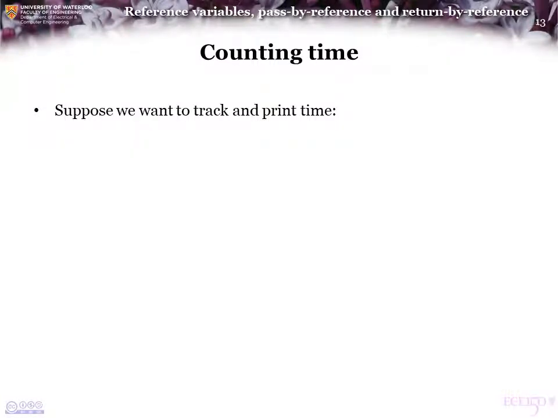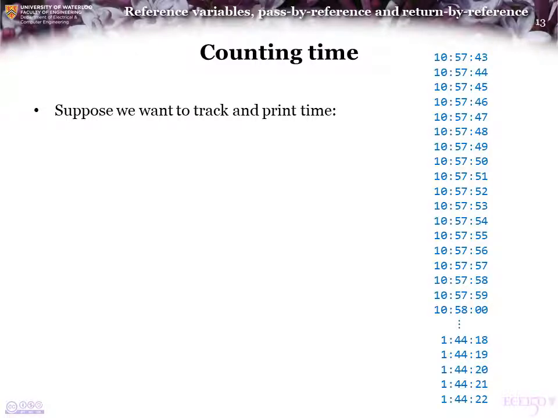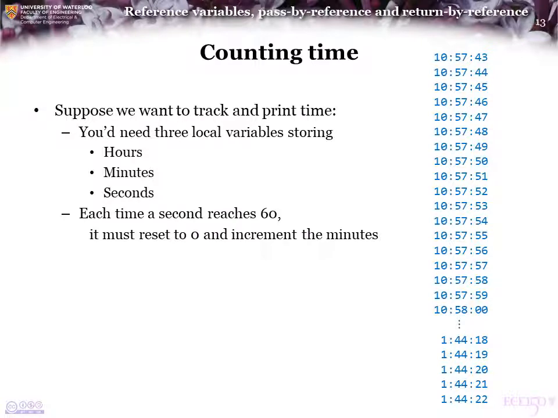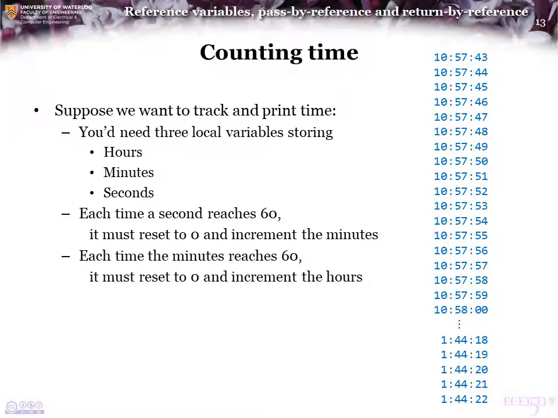Now, suppose we want to track and print out time. For example, starting at 10:57 and 42 seconds, we might want to track time for the next 10,000 seconds. In order to do this, we'd have to have three local variables, storing the hours, the minutes, and the seconds, and perhaps a little bit more information. Each time we will increment the seconds, but if the seconds ever reach 60, then we have to reset the seconds to 0 and increment the number of minutes that have passed.